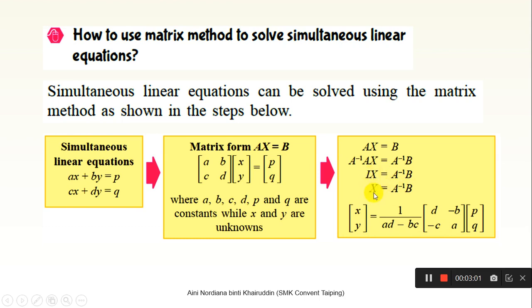So X is equal to the inverse of A multiplied with matrix B. In order to calculate the unknowns, which are x and y, we calculate the inverse matrix of A and multiply with B. If you're not clear yet, don't worry, I will show you in the example.